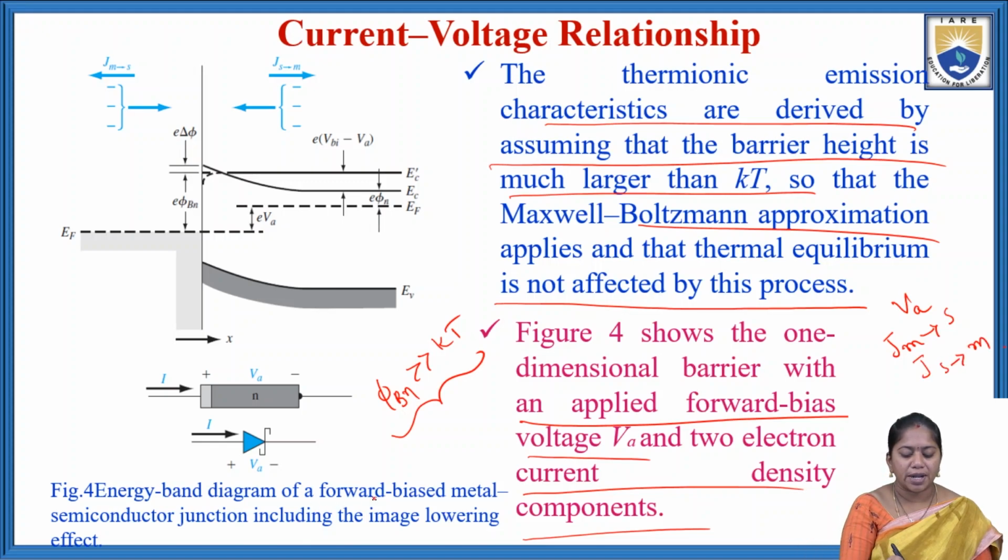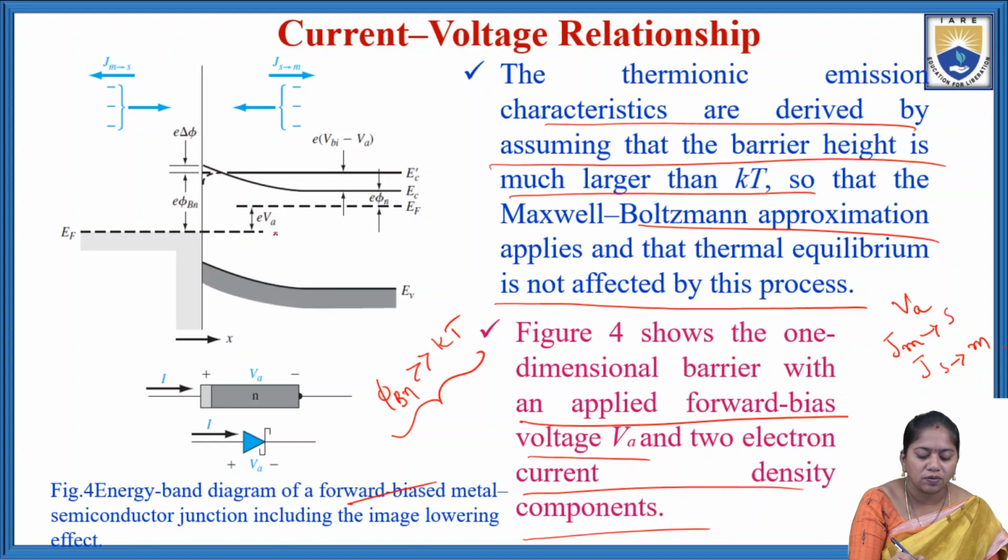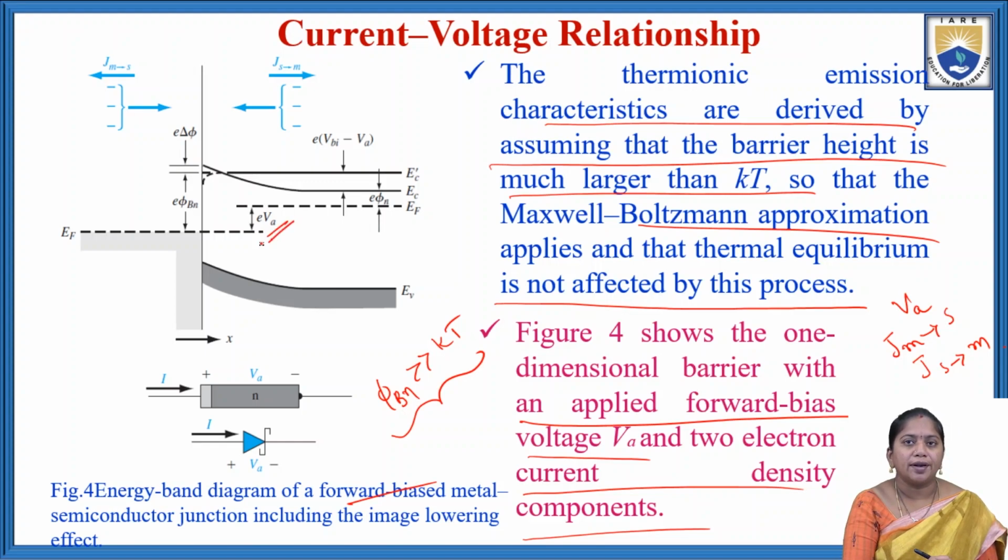This is the energy band diagram of the forward-biased metal-semiconductor junction, including the image lowering effect. Here VA is the forward bias voltage, VBI is the built-in potential, EC is the conduction band, EF is the Fermi level, EV is the valence band, delta phi is the surface potential, and phi Bn is the barrier height.